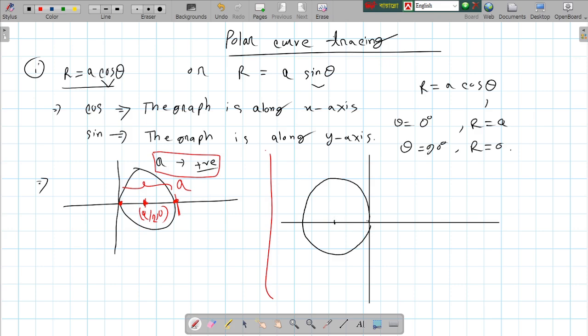This is the circle if the value of a is negative, and this is the position of minus a, 0, and the center of the circle is minus a by 2, 0.